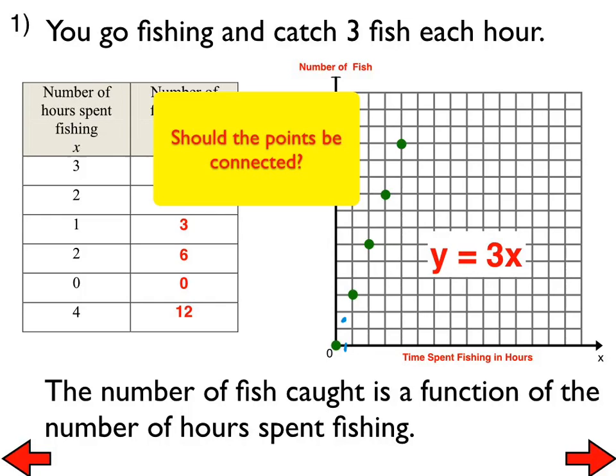Because if you're connecting them together, then you're saying all of these points in between would make sense. So you're saying, maybe at half an hour, I caught right here, which would be 1.5 fish. Does that make any sense? Yes or no? No. And so in this situation, connecting them together doesn't make any sense.